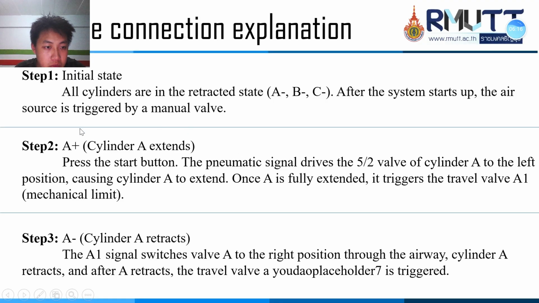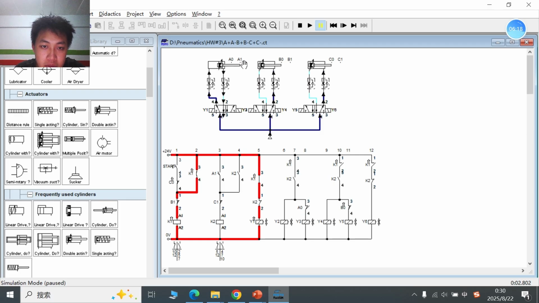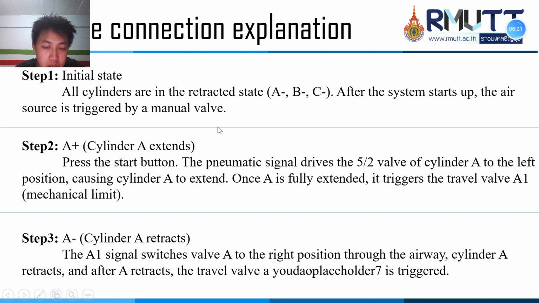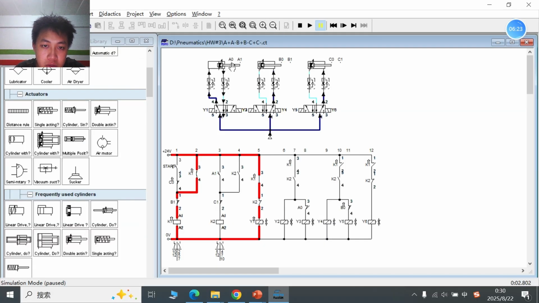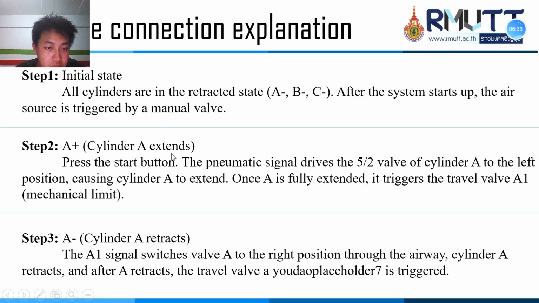Okay, you can see step 2: the start button is pressed. The pneumatic signal drives the 5/2 valve of cylinder A to the left position, causing cylinder A to extend.